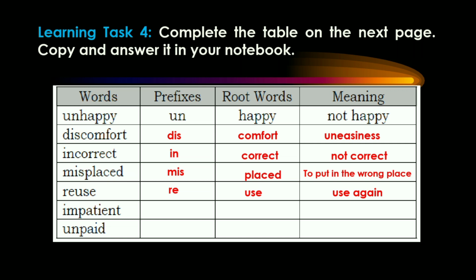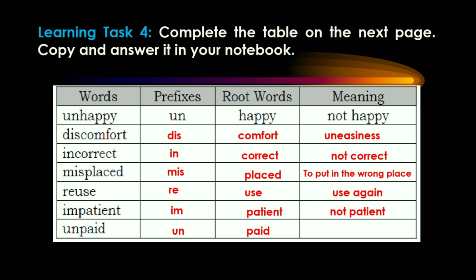We also have the word impatient. The prefix is im, the root word is patient, and the meaning is not patient or quickly irritated. That's not patient. Okay? And the last word we have in this learning task is the word unpaid. The prefix is un.